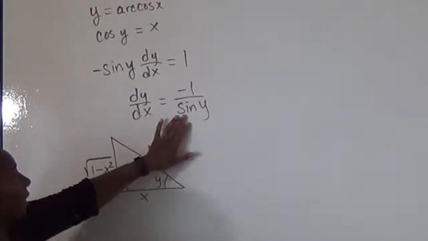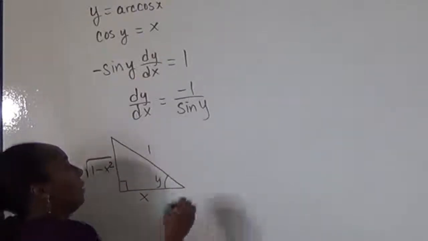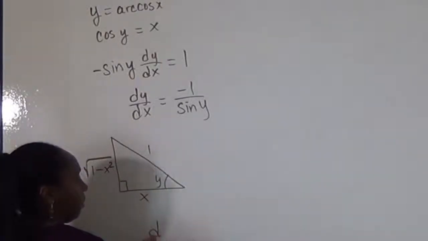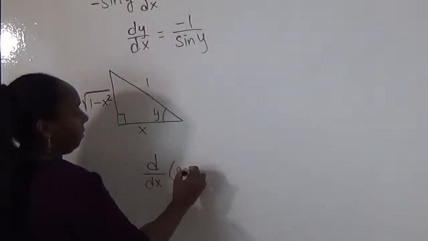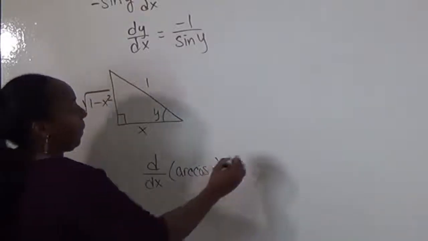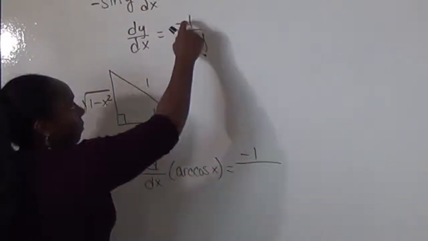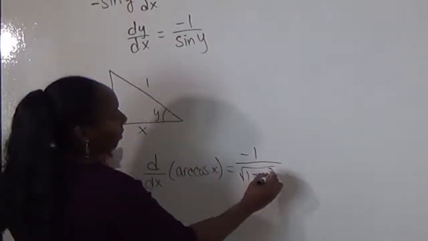And so looking at the sine of y, we're going to get the opposite over the hypotenuse. So this tells us the derivative with respect to x of our arccosine is going to be negative 1 over the sine of y, which was negative 1 over the square root of 1 minus x squared.